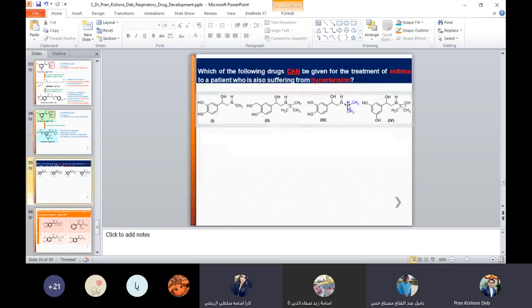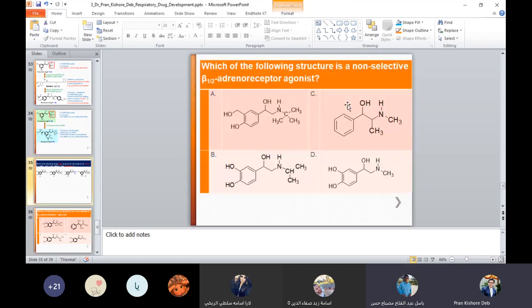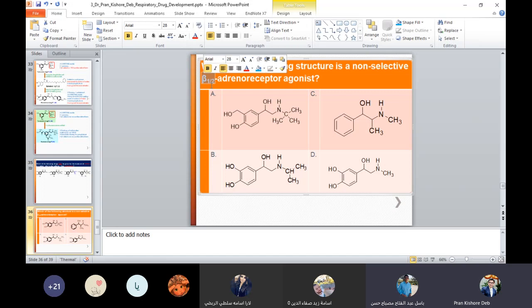It is the same question, just asked in a different way. This is more straightforward. See, you misread. I am asking questions to train your mind, okay? So the question is, which one can bind to both beta 1 and beta 2? See, B, C, and D, all of them can bind to beta 1 and beta 2.